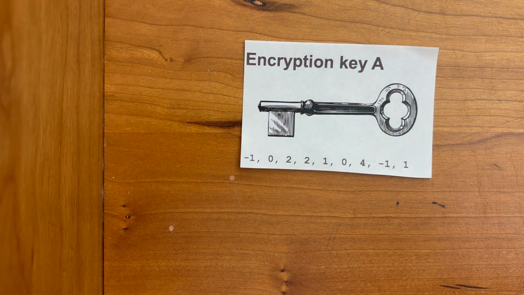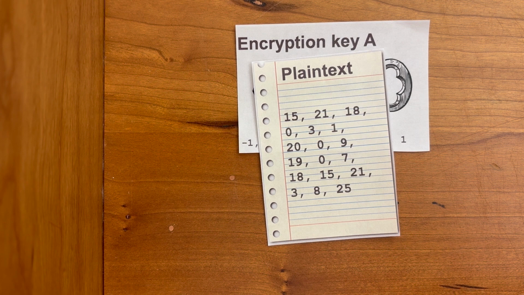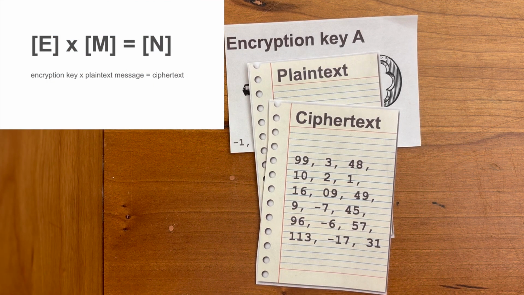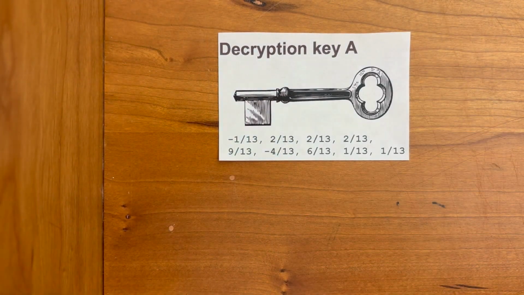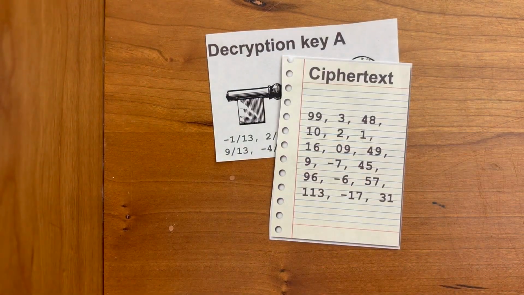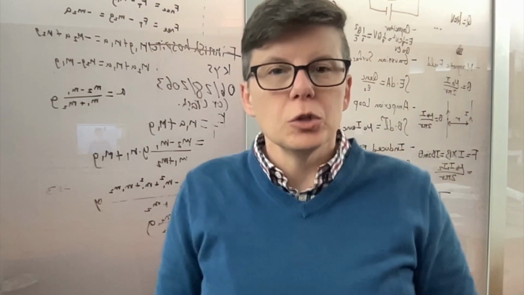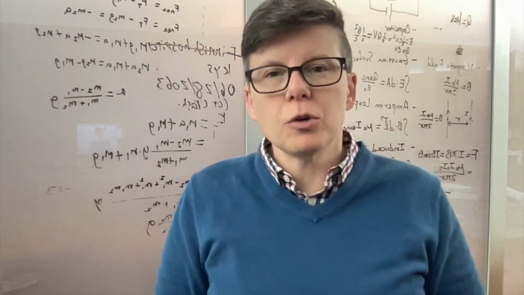Encryption is a process of multiplying an encryption key matrix by a plain text matrix in order to receive a ciphertext matrix. The decryption process takes a decryption key matrix, multiplies it by a ciphertext matrix in order to receive a plain text matrix. Congratulations, your skills and conceptual knowledge are ready to go. Good luck cracking the code.